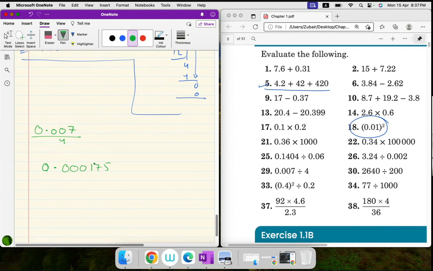I just checked on the calculator, it is two zeros. Oh, yes, sir. Two zeros. 0.20175.